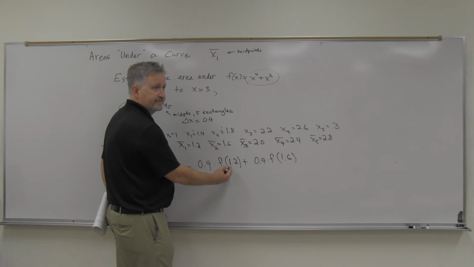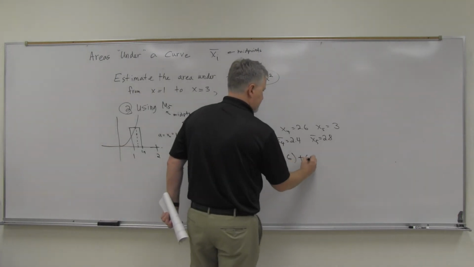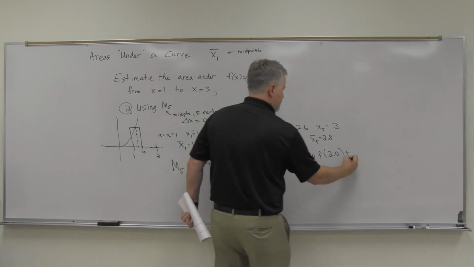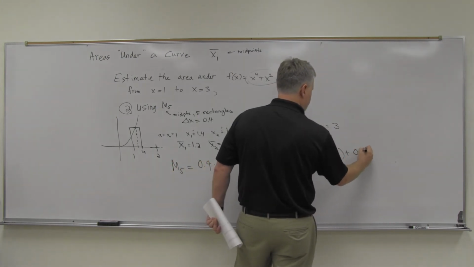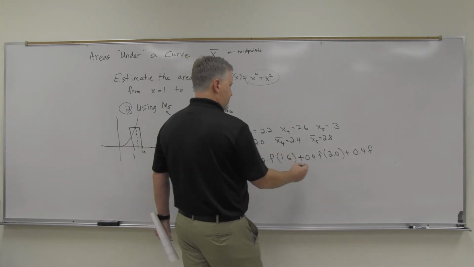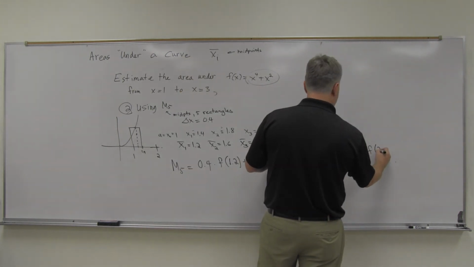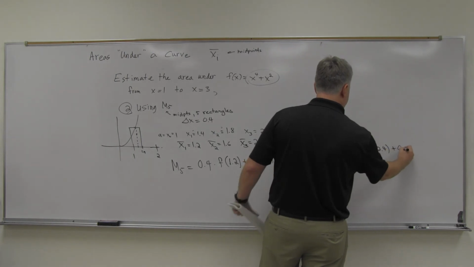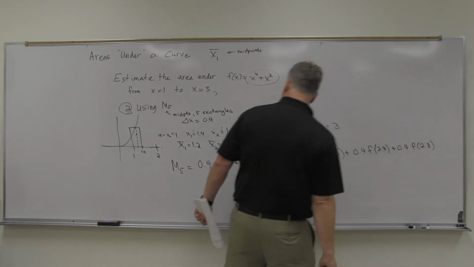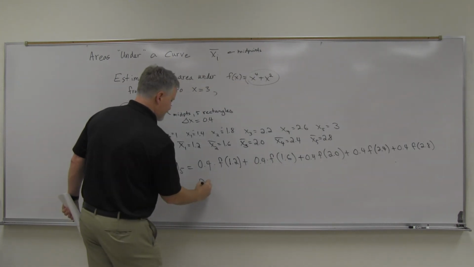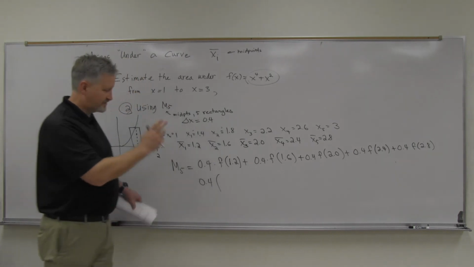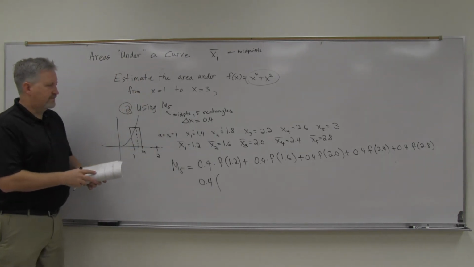You see that? So the third one, function value at 2.0, fourth one is function value at 2.4, and the last one is the function value at 2.8. So again, really, I don't have to do each one of those times 0.4, just bring it out front.